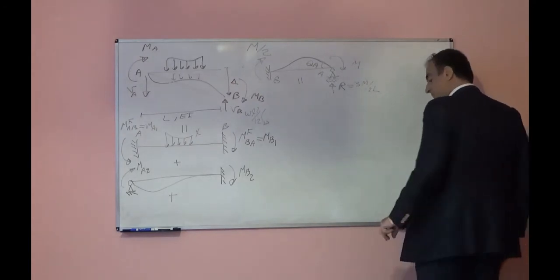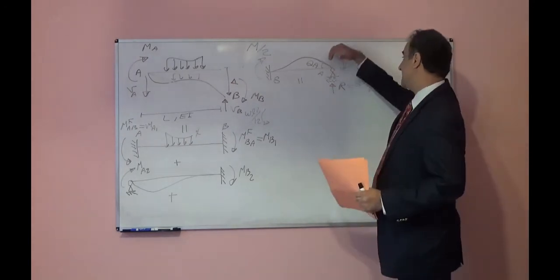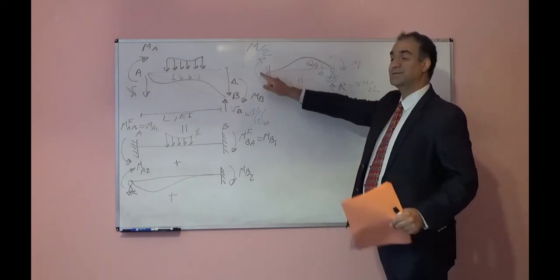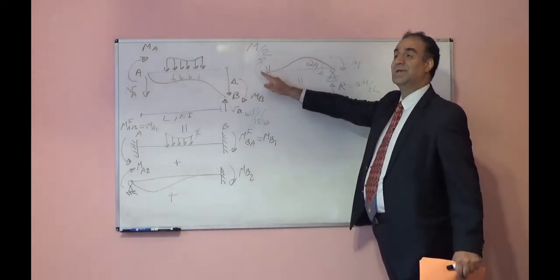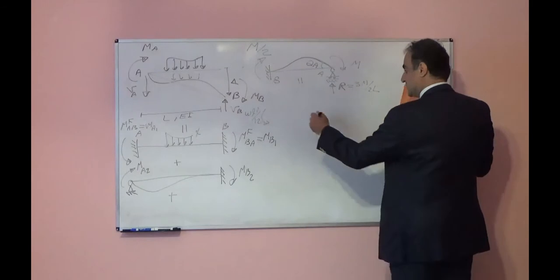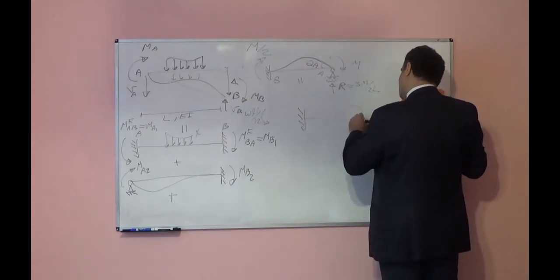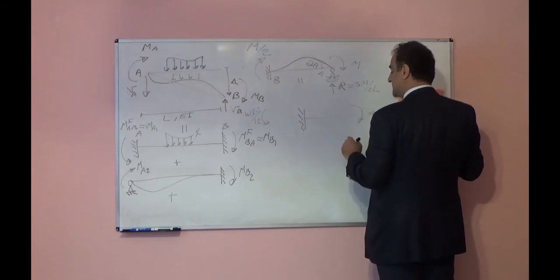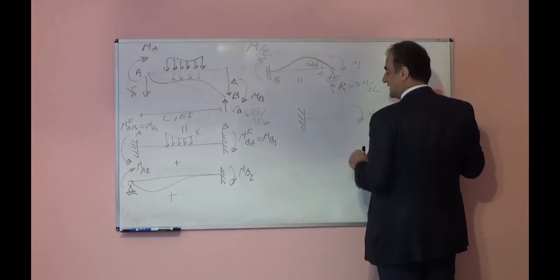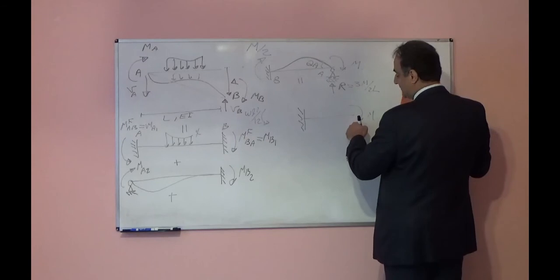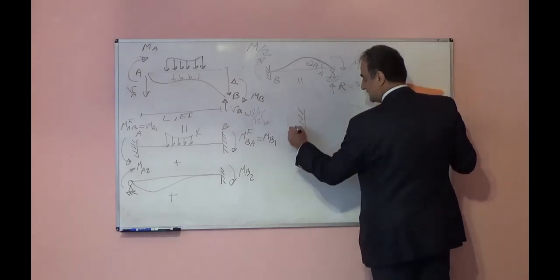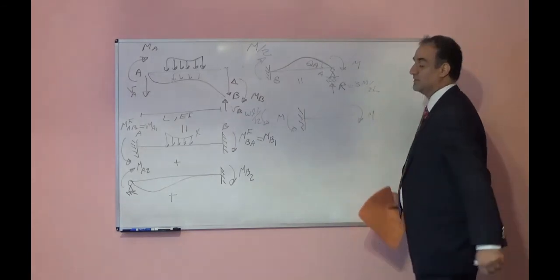From here we can understand, if I apply moment M here, the reaction here will be M over 2. Pay attention. If I have a cantilever beam and I apply moment M here, what's the reaction here? Once I apply the moment M here, the reaction here will be M. Why?